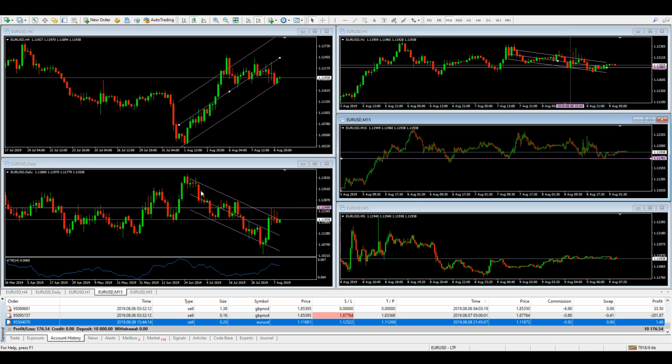And obviously, based on the daily, we've got a lot of scope to the downside, if you like, to at least a 1-to-1 in terms of reward to risk upon an entry. Could have a stop loss above here, or even a previous day's high.